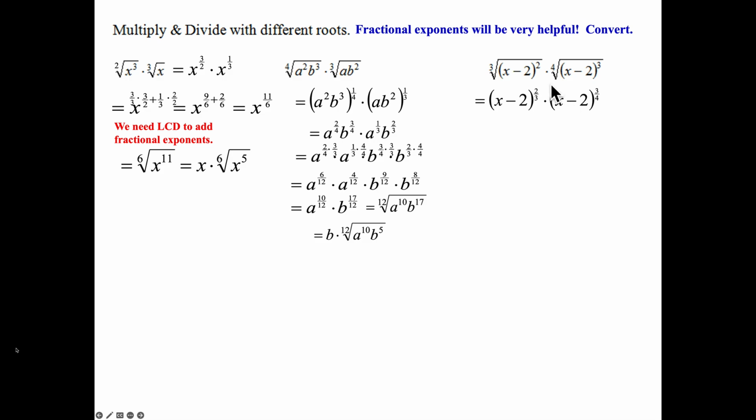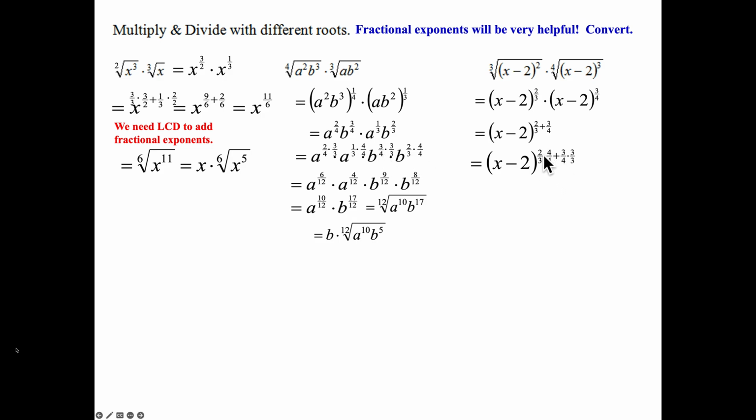We can do the same with binomials. This would be x minus 2 to the 2/3 power. This is x minus 2 to the 3/4 power. My bases are the same, so we're going to add our exponents, 2/3 plus 3/4. So again, 12 is my least common denominator. We multiply the 2/3 by 4 over 4, the 3/4 by 3 over 3, like we did over here.